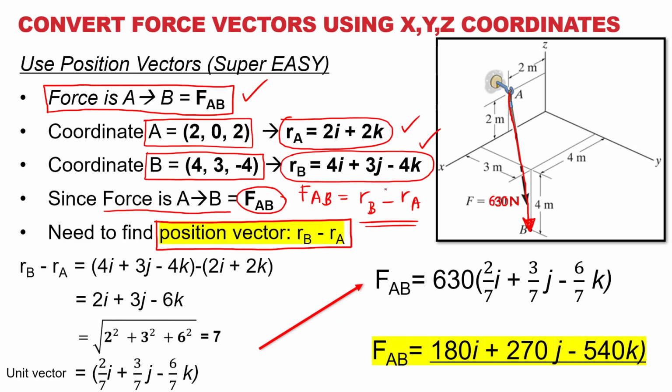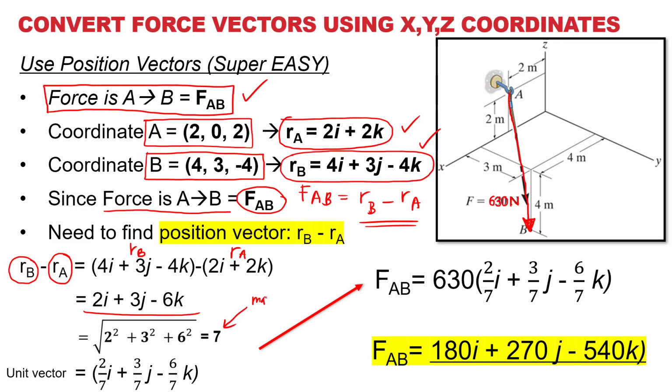Again, this is RB, and this is RA. Minus them, get the answer. Once you get the answer, get the magnitude.